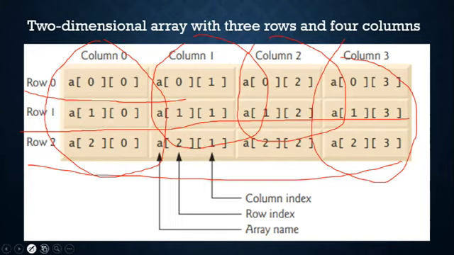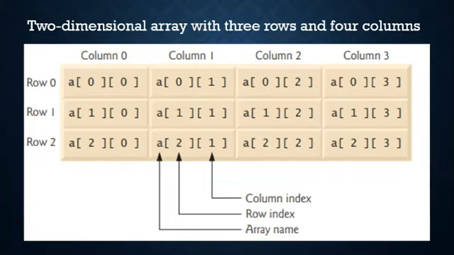Now, in specifying each of these elements, we have to specify two indices. So A is the name of our array, and then its row index, which is 0, and then its column index, which is also 0. And the next one for this row is 0, 1, so row 0 and column 1.